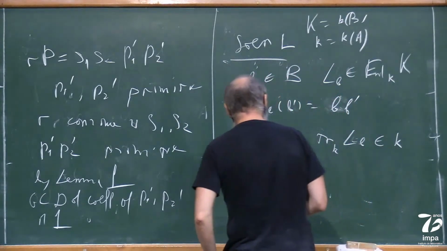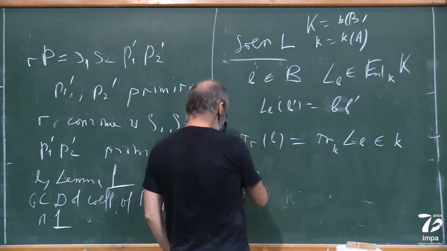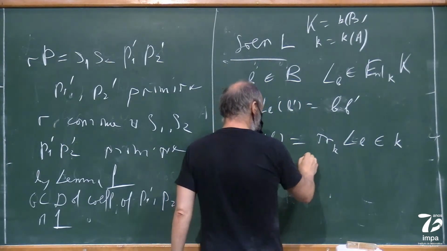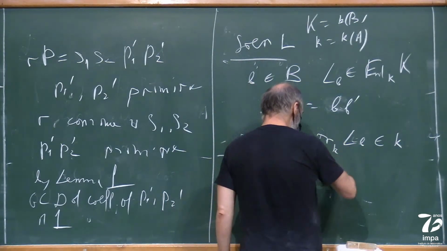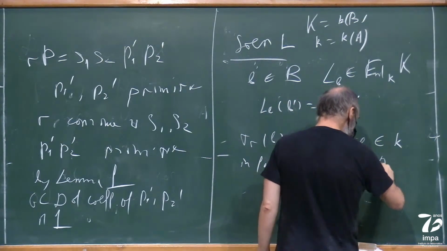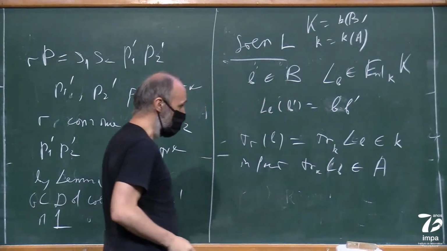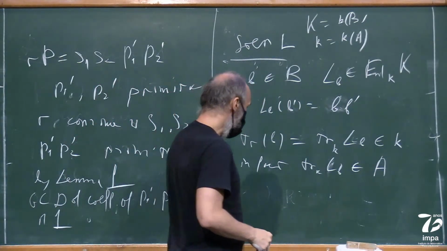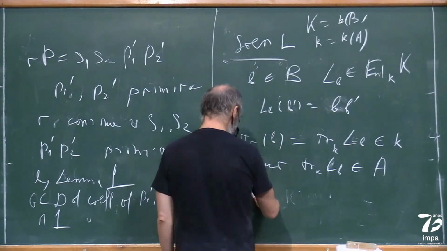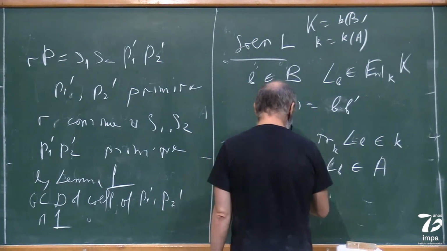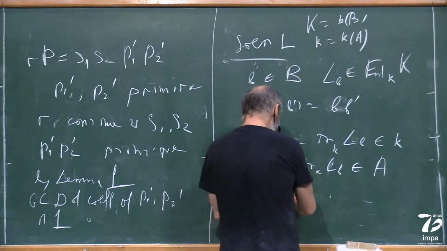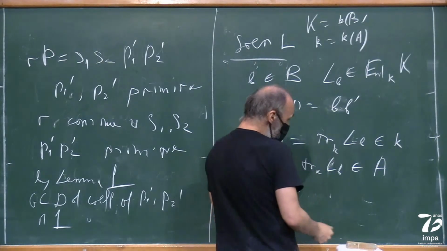Now I claim that in fact the trace of L_b belongs to A, to the integer part. Because, okay, you start with a basis.